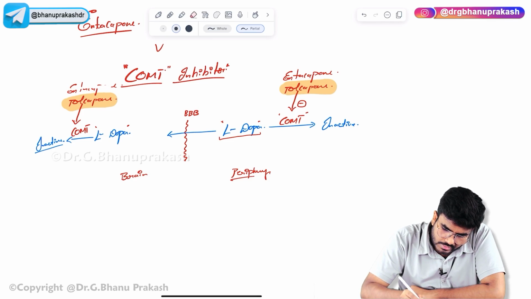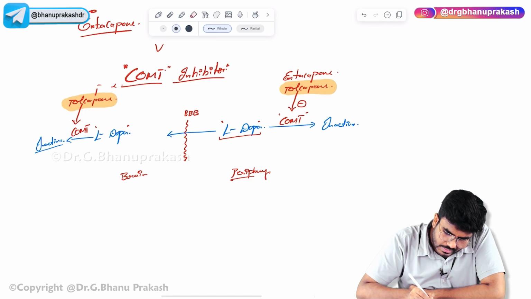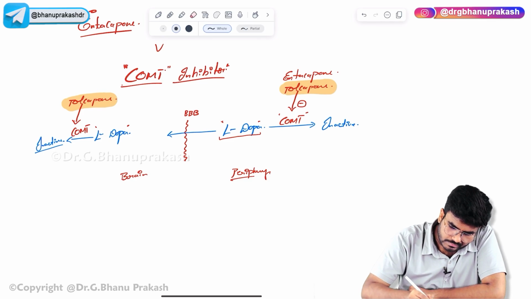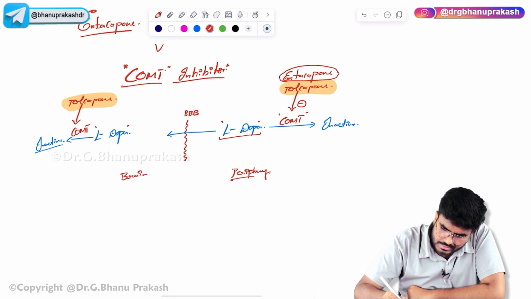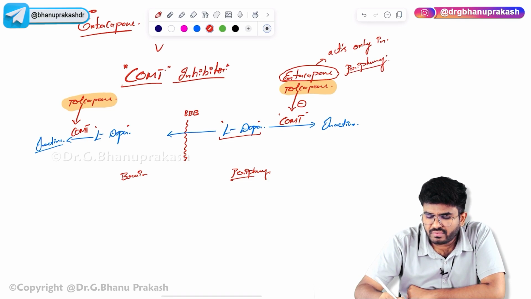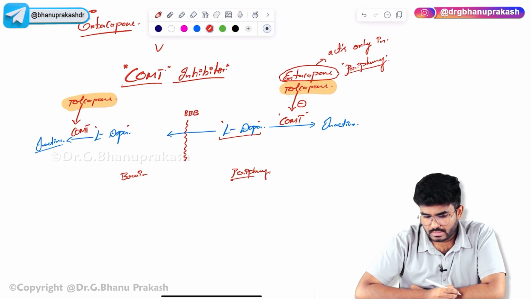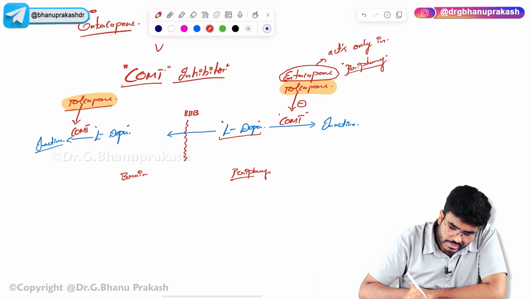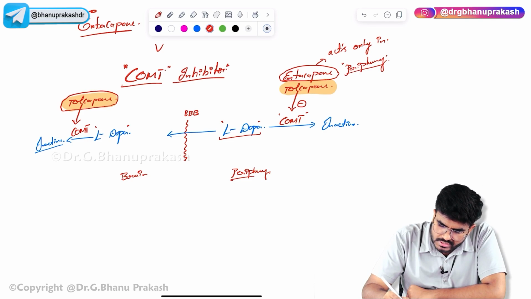Entacapone, let me write, acts only in the periphery, which means it's a peripheral COMT inhibitor. Now, who is looking good? It looks like tolcapone is looking good because it works in both places.